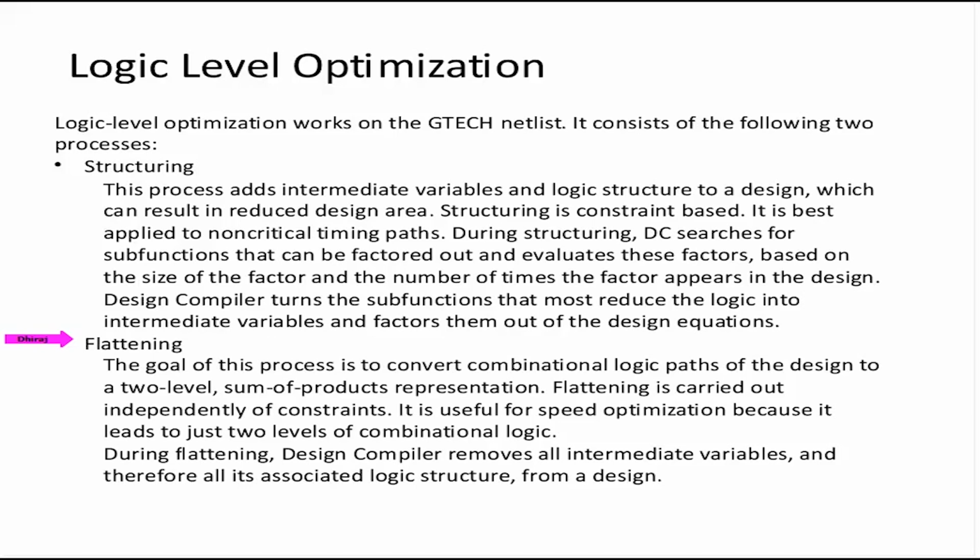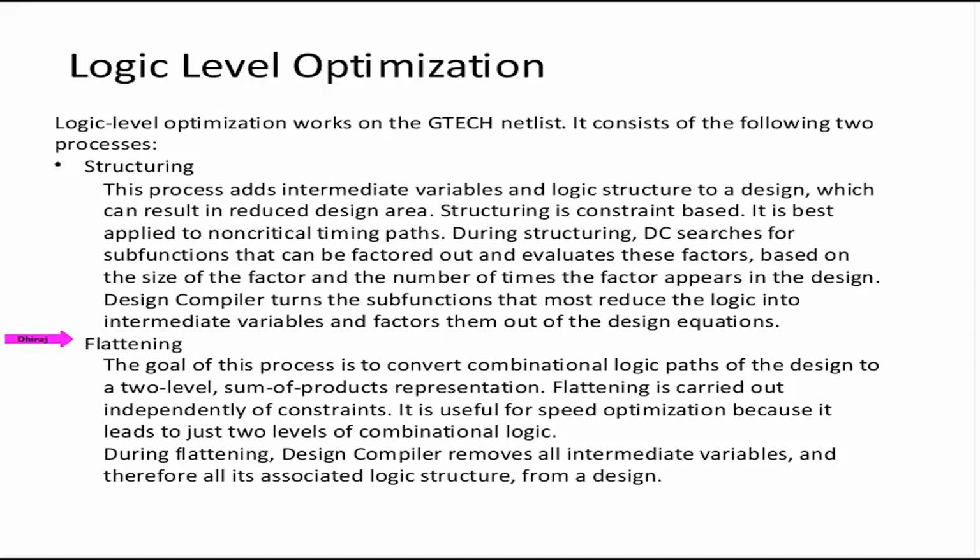Now the unreduced sum of products expression will contain five terms. For example, it will have A B C plus A complement B complement C plus something like that, right? Now you could further use Boolean algebra to reduce this, but during the flattening process DC will use the two-level sum of products expression without reducing it.